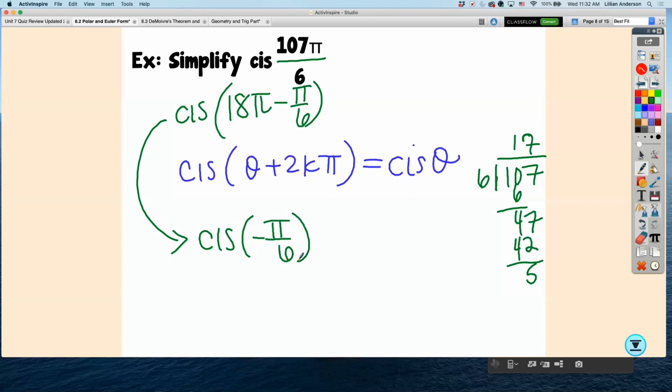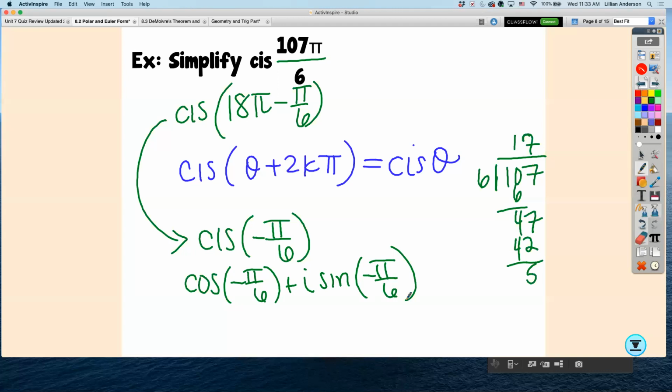The reason why it's negative is because of this original subtraction. That is what theta is. So then it simplifies down to be the cosine of negative pi over 6 plus i sine of negative pi over 6. That's in your fourth quadrant. What is the cosine of negative pi over 6?